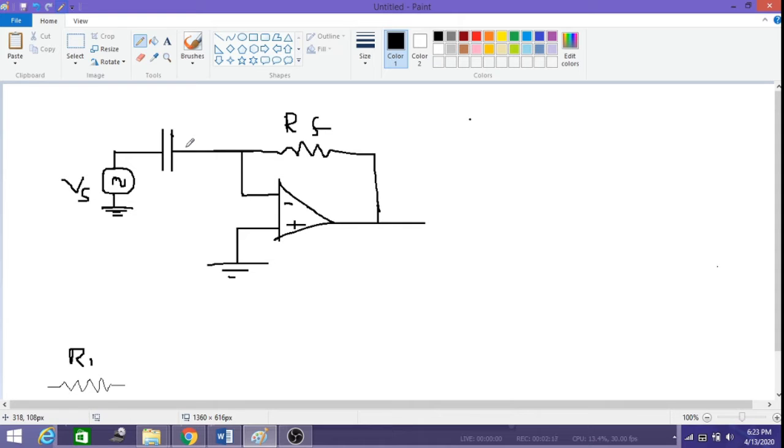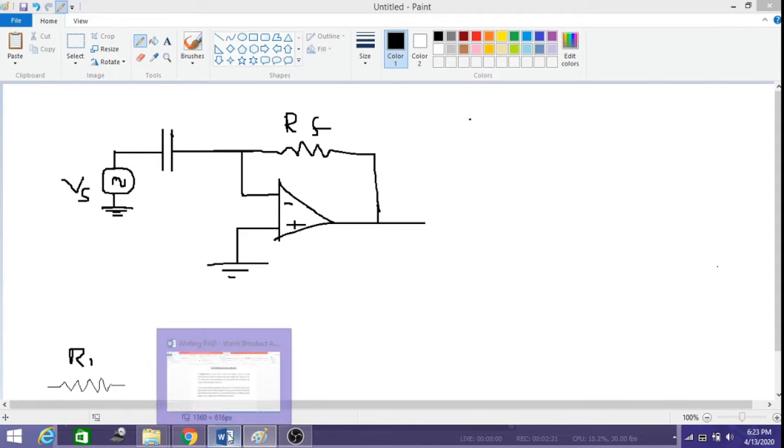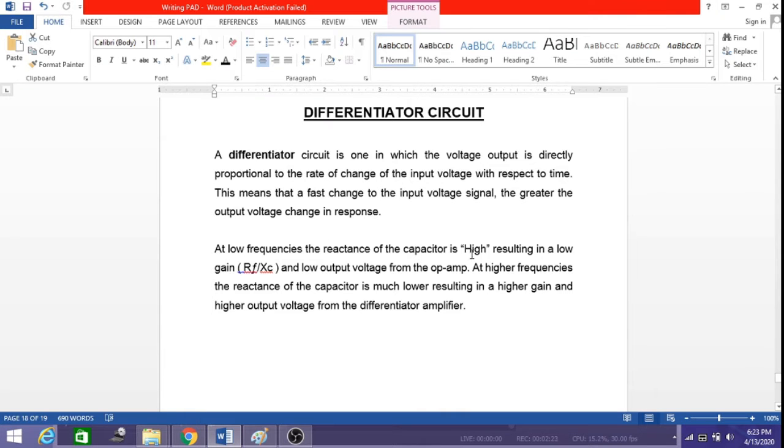At low frequency the reactance of the capacitor is high, so it results in low gain, and a low output voltage from the op-amp will be generated. At higher frequency the reactance of the capacitor is much smaller, resulting in higher gain. It means we'll get a higher output voltage from the differentiator amplifier.